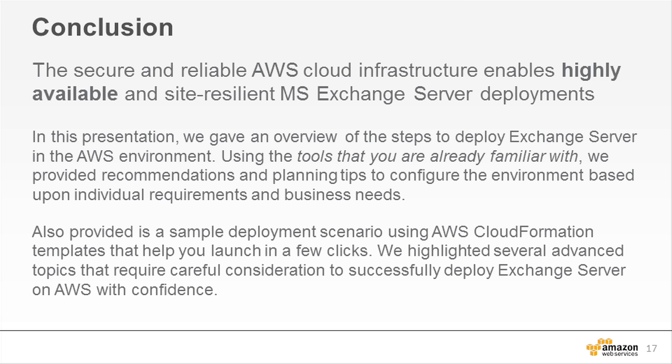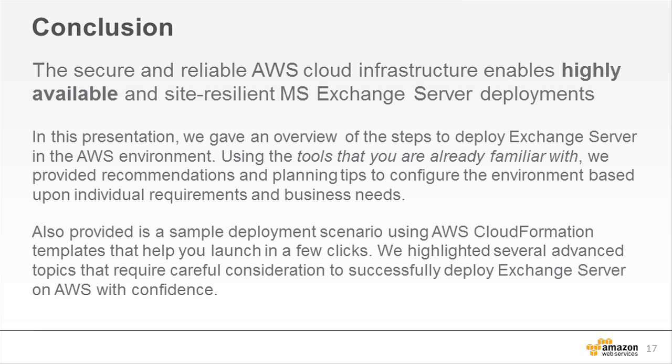But in the end, the AWS Cloud and the cloud infrastructure enables you to deploy high availability and site resilient Exchange server deployments. So, with that, I want to end and leave some time for a couple of questions here.